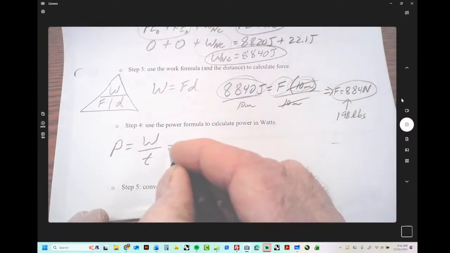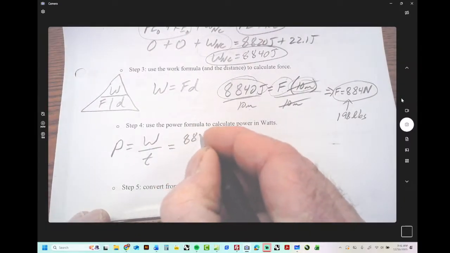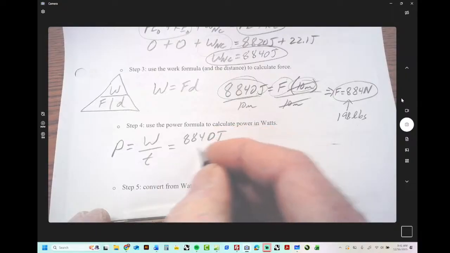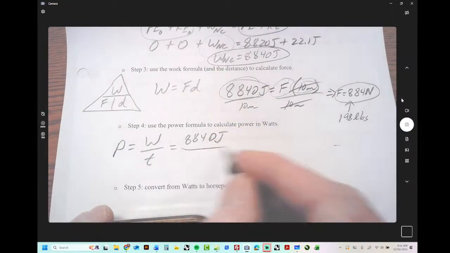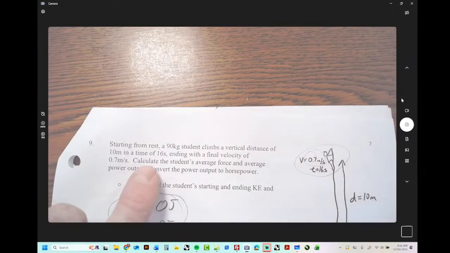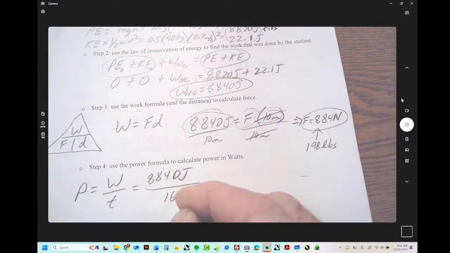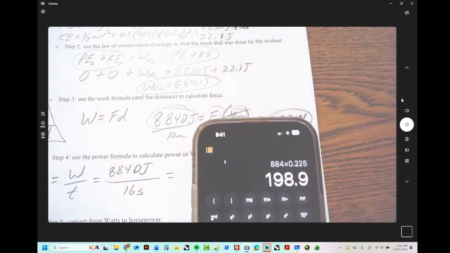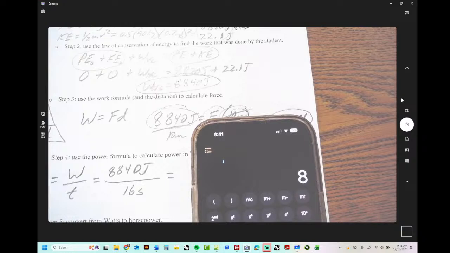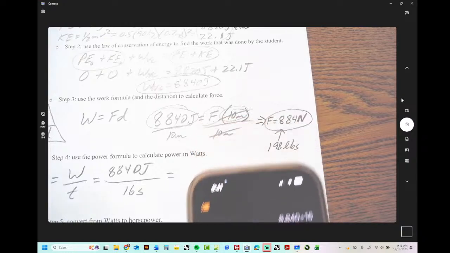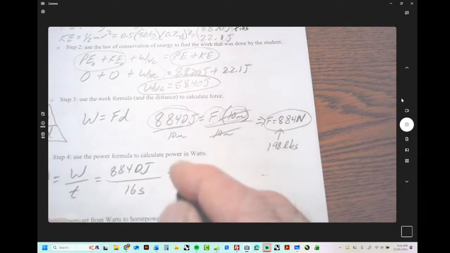The work is 8,840 joules. And the time, looking back to the question, is 16 seconds. And joules per second is watts. So about 553.